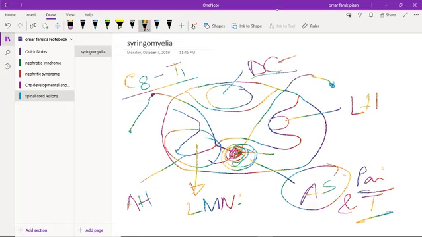If there is damage to the lower motor neuron, it causes muscle atrophy, weakness, decreased muscle tone, and impaired reflexes.